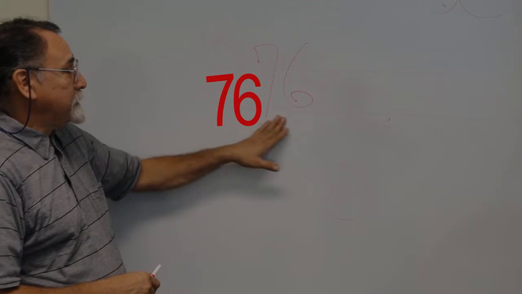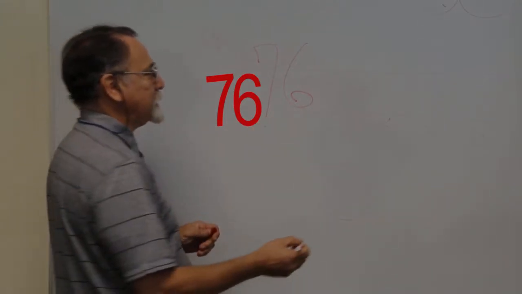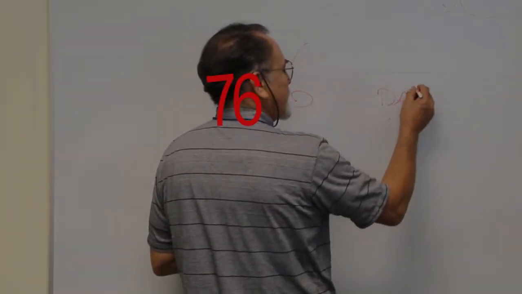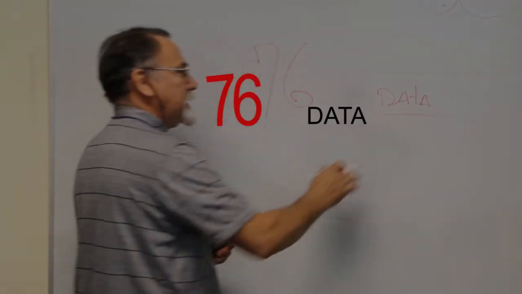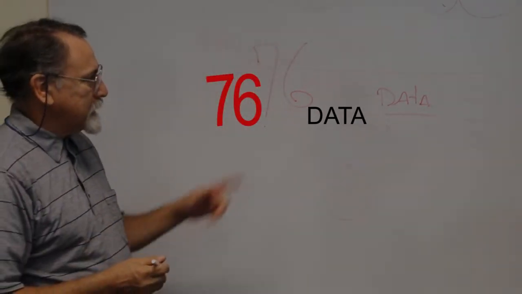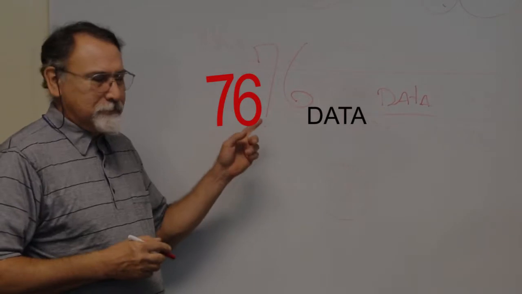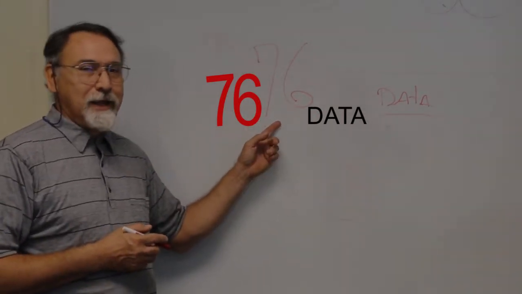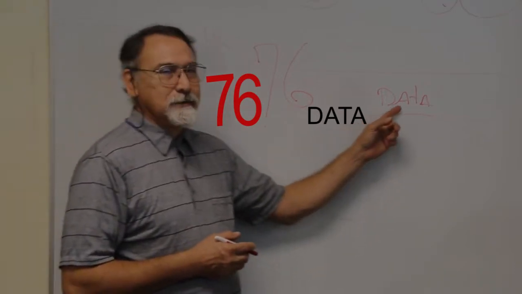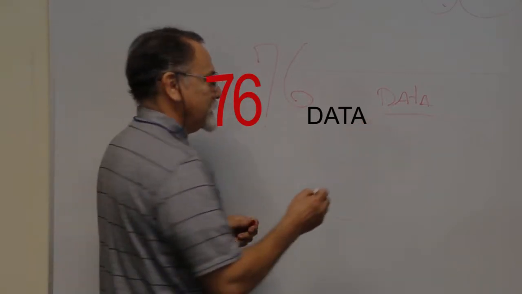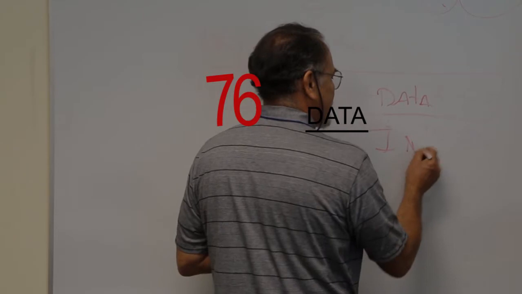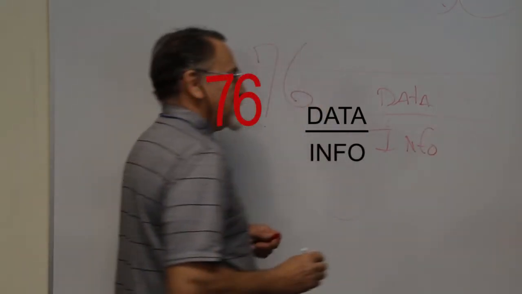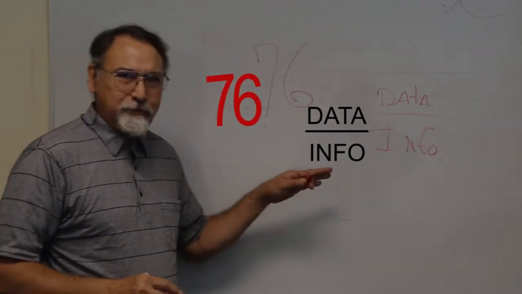Well, that's 76. 76 is data because it has no meaning to you at this time. Now, if I tell you that 76 is your current grade in this class, now the data becomes information. So you go from data to information.